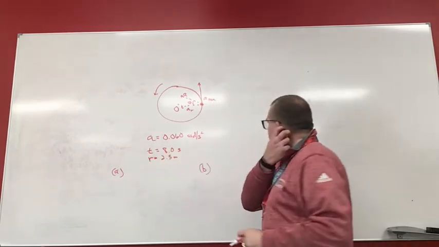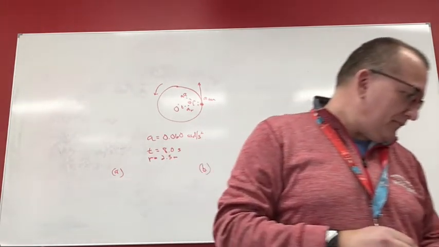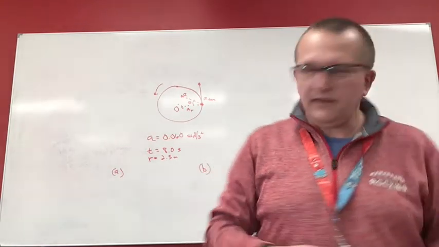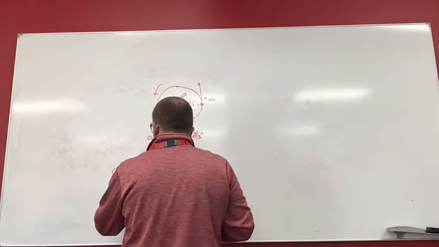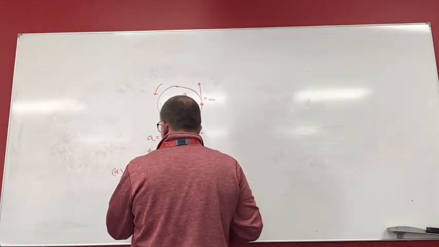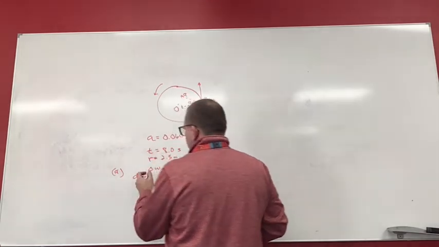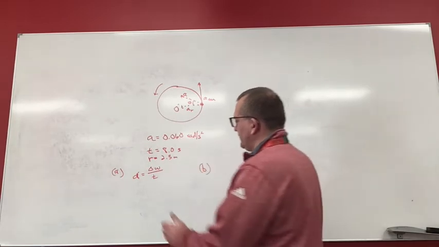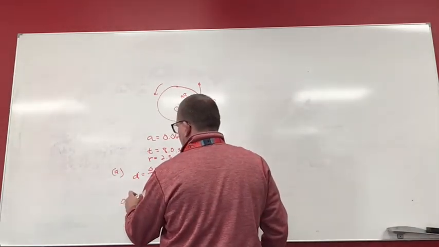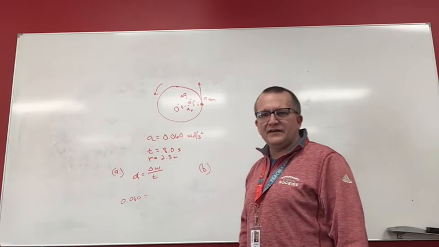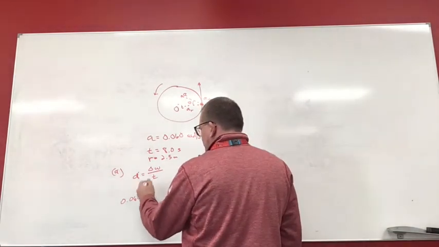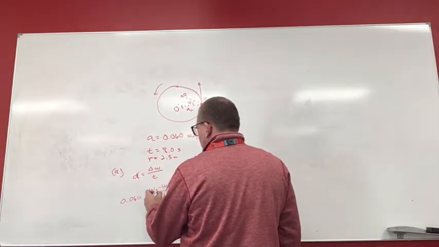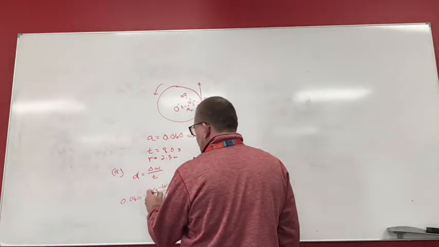So first off, we want to find the angular velocity. And we know that angular acceleration is equal to the change in angular velocity over time. I know my angular acceleration, 0.060. My change is final minus initial over time, and my time is 8 seconds.